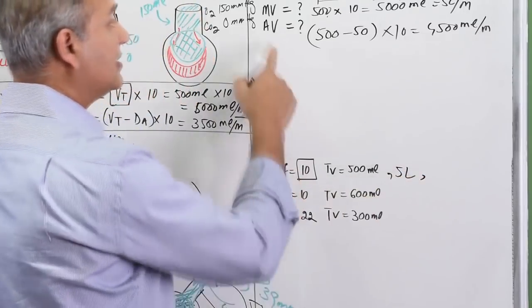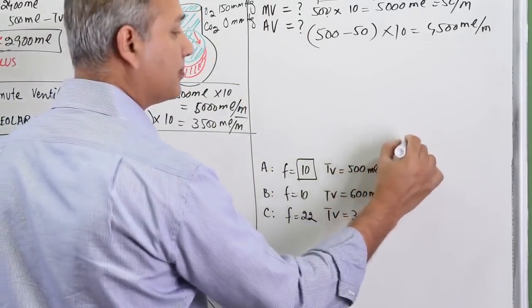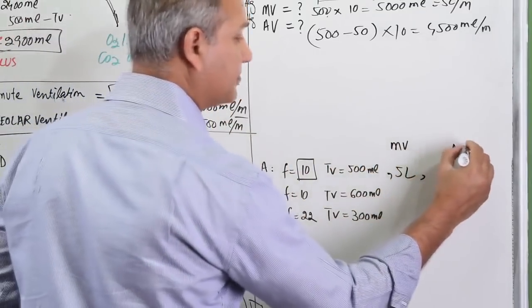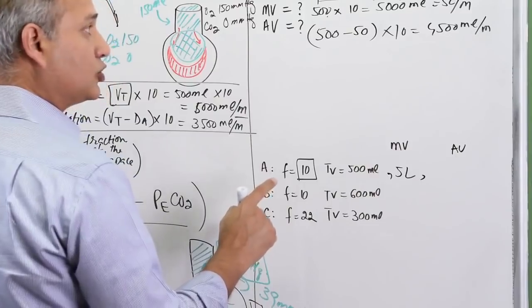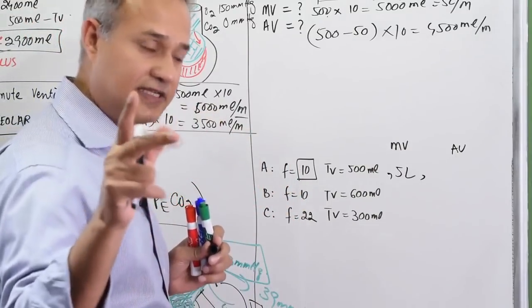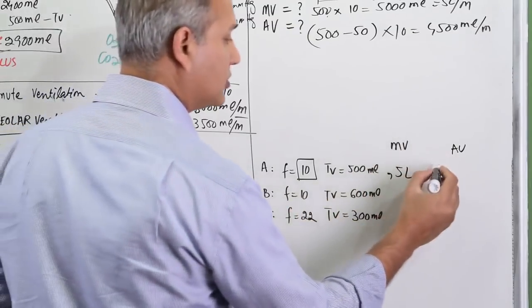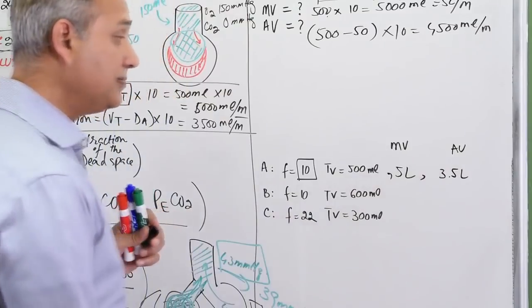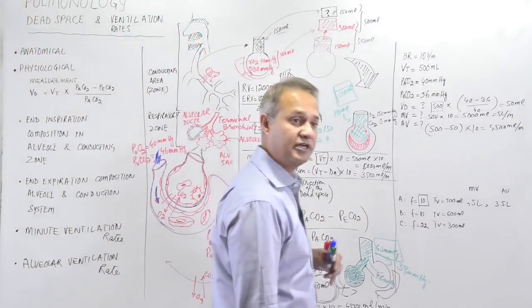So that is his minute volume, minute ventilation. How about his alveolar ventilation? We are going to assume 150 is the dead space, so 350 times 10 is 3500, so 3.5 liters. Good? We are going to assume 150 for all of them.